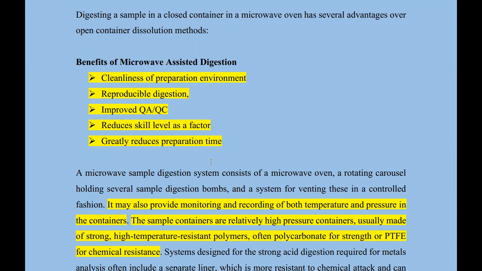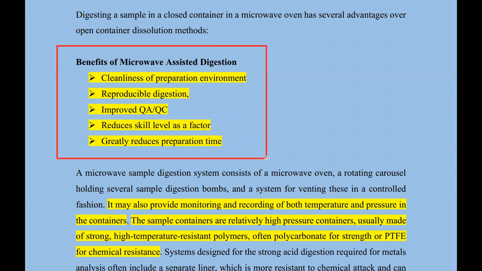But why do we recommend that before the sample is taken into atomic absorption spectroscopy or atomic emission spectroscopy, the sample must go through acid digestion? These are some of the reasons why we need to go for that. One of the things is cleanliness in the preparation of the sample.